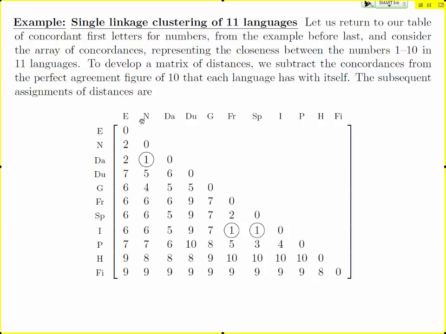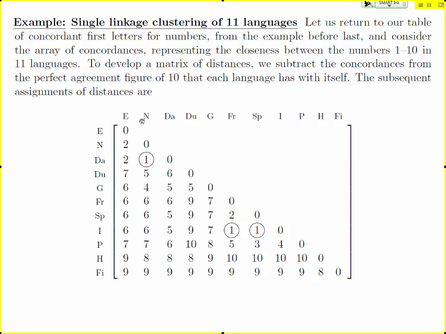Here is the language data again, 11 languages, and we had those counts of concordance on the first letter of the words 1 through 10. And we have turned those counts into a, quote, distance matrix. It's not really a distance matrix. These aren't Euclidean distances or anything, but they are now numbers for which smaller values indicate greater similarity.